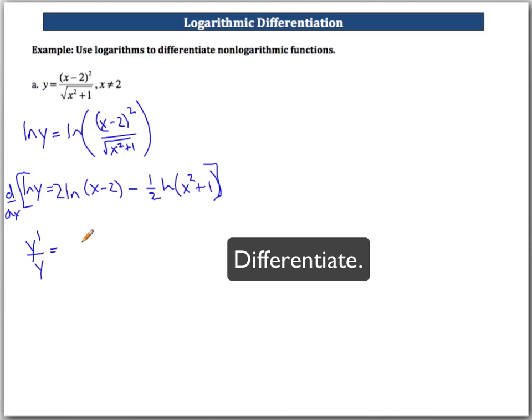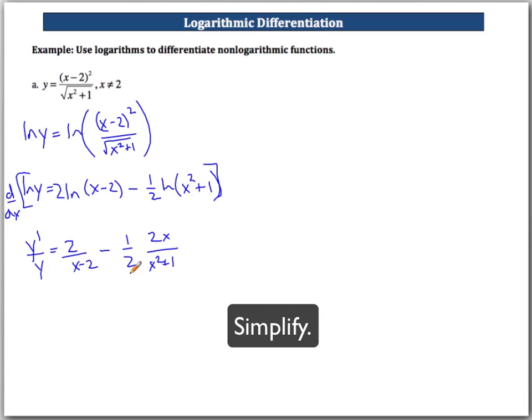Okay, this one is going to be 2 times the derivative of natural log of x minus 2. Okay, which is just going to be 1 over x minus 2. Okay, and then minus 1/2. Well, the derivative of natural log of x squared plus 1, remember u prime over u, so it's going to be 2x over x squared plus 1.